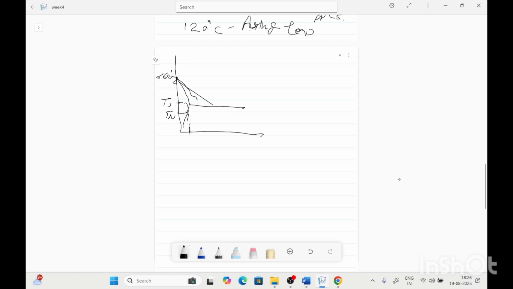Then at the lower temperature, this is the supersaturated solution temperature. The cooling retains the solute in the solid solution of the aluminium and copper. So this is the temperature and this is composition.